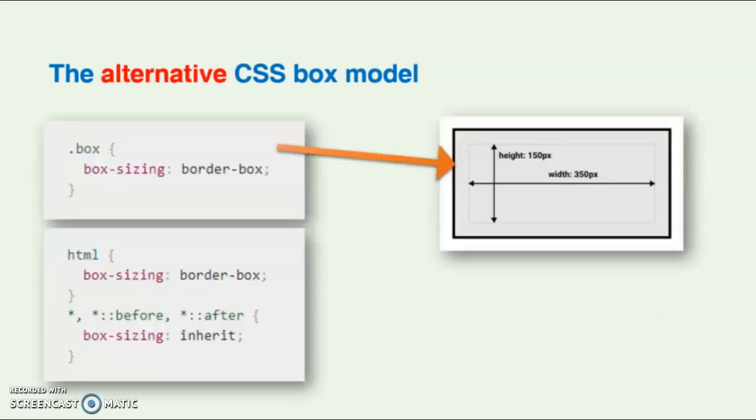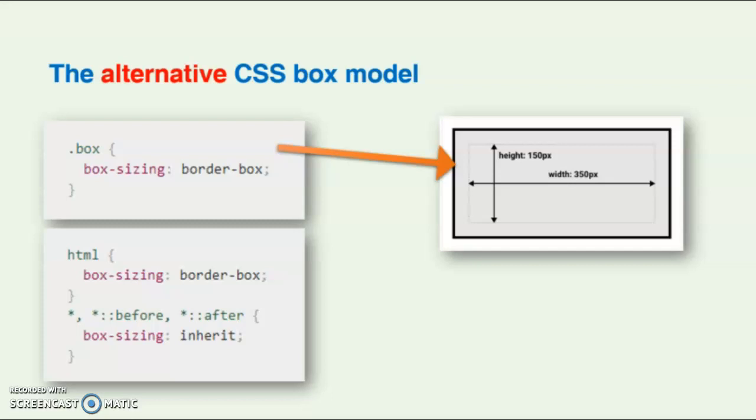You might think it is rather inconvenient to have to add up the border and padding to get the real size of the box. You would be right. For this reason, CSS had an alternative box model introduced sometime after the standard box model. Using this model, any width is the width of the visible box on the page.